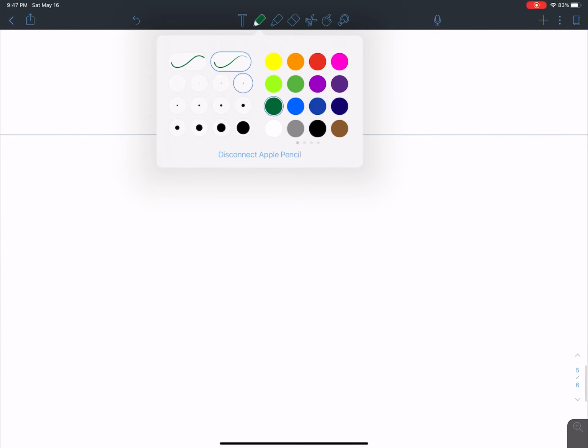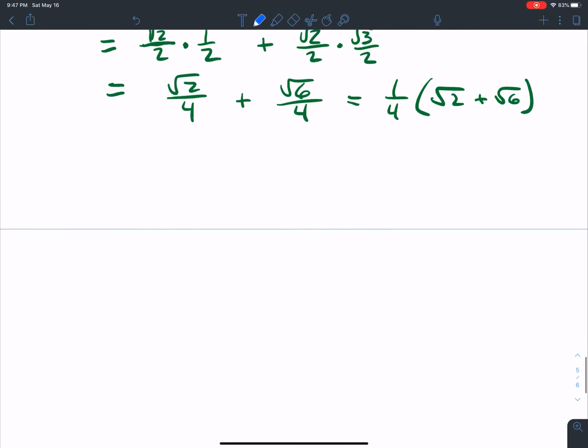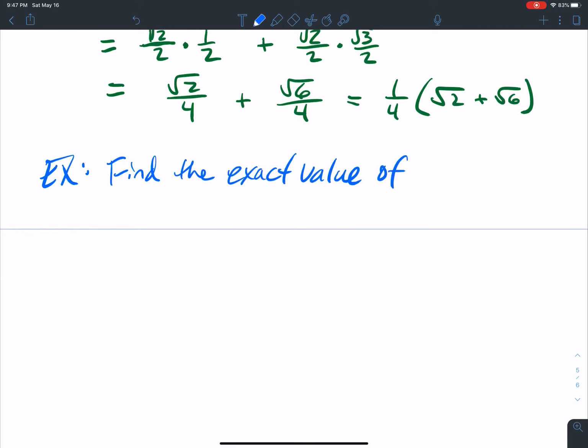Let's do one more, make sure we got it. So for this example, we're going to find the exact value of, interesting, sine 80 degrees, cosine 20 degrees, minus cosine 80 degrees, sine 20 degrees.